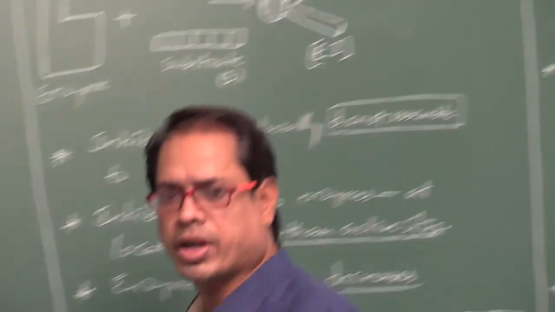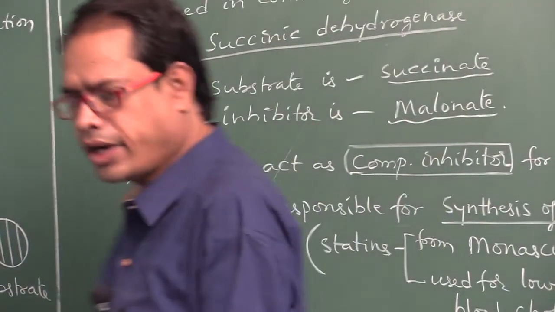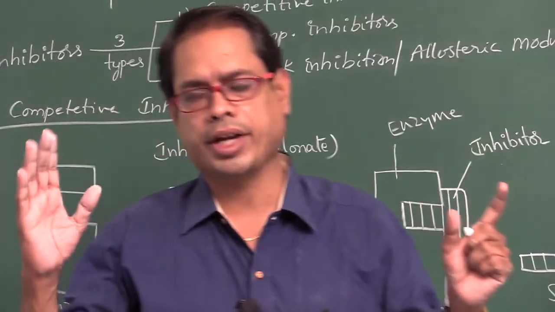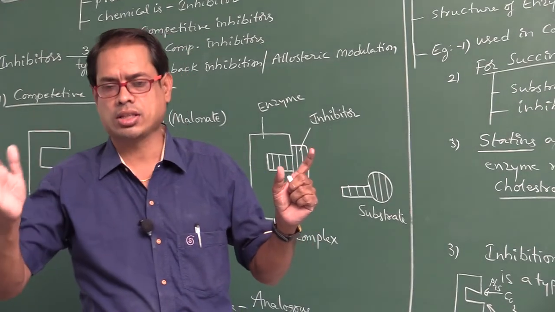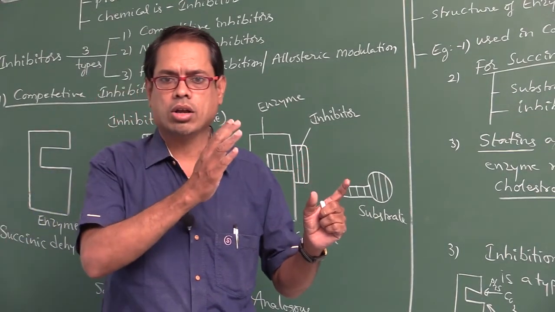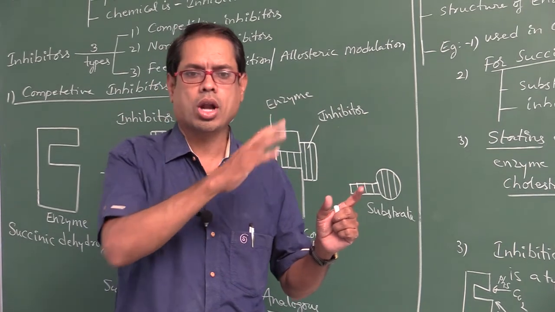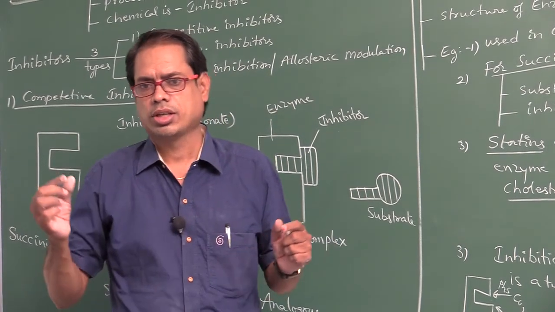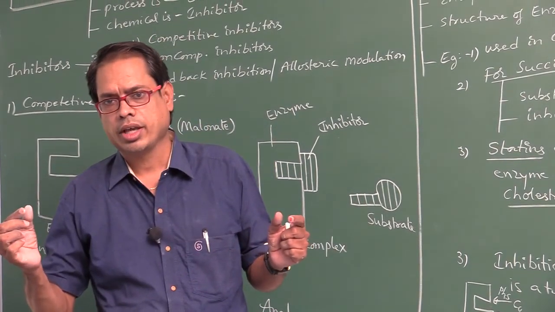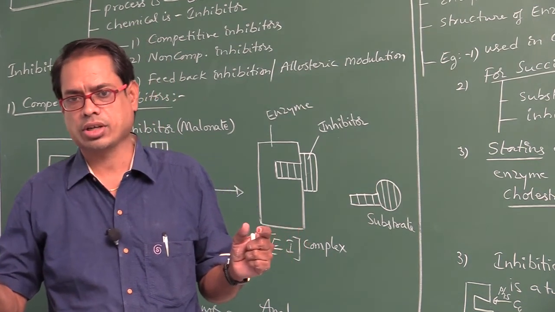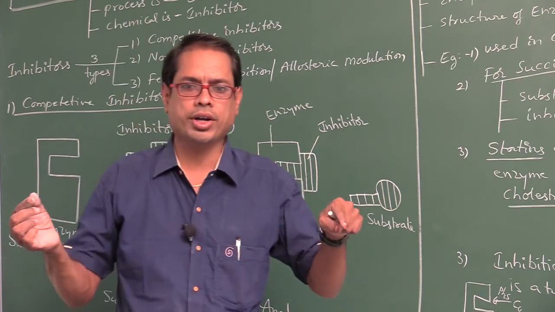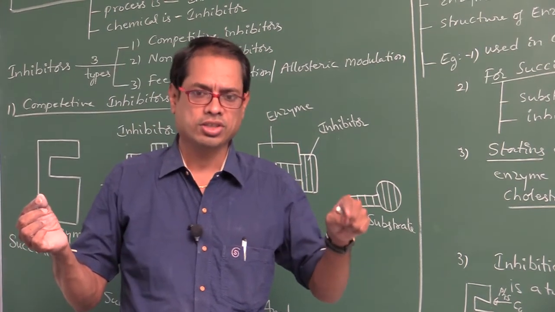Now try to understand, my dear students, competitive and non-competitive. Again I am repeating. In competitive, both substrate and inhibitor structurally resemble. In non-competitive, they do not resemble each other. In competitive, the shape of the enzyme is unaltered, unchanged. Whereas in non-competitive, the shape of the enzyme is changed.